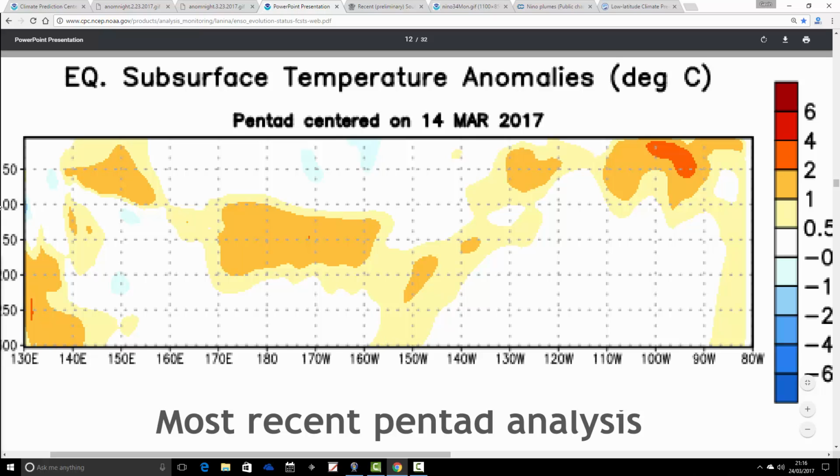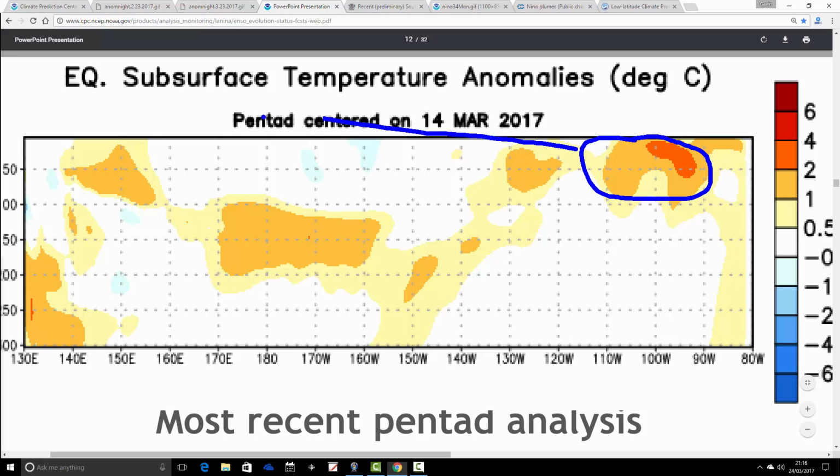And you can see that this orange and red area over here, that is the warm temperature anomalies that we've got over towards Peru in the eastern equatorial Pacific. So we know most definitely and definitively we have got that warm water, or warmer than average water, sitting in the equatorial Pacific. Hasn't really developed much over the past month, but it is very much there, and it's above average.